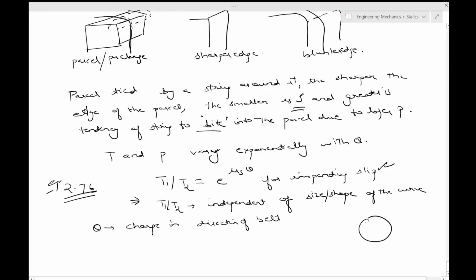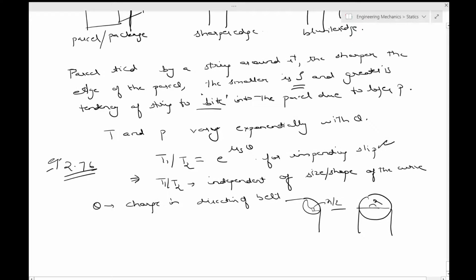For example, if you have something like this and you have something like this, then theta in this case would be pi, this would be pi by 2. So that plays a role over here, and the friction coefficient, it is quite clear. This is between the rope or the cable and the surface over which it is there.